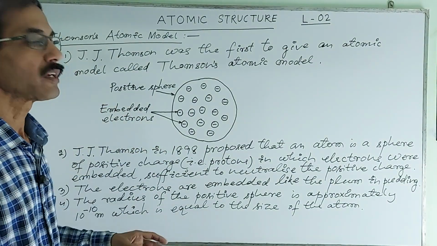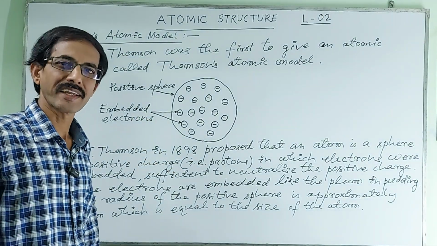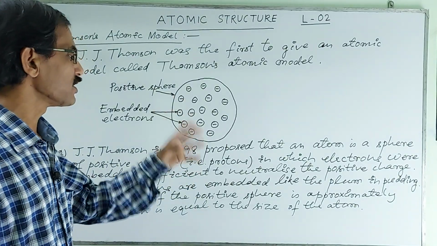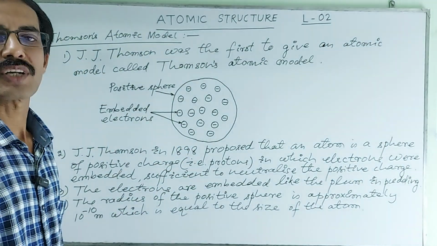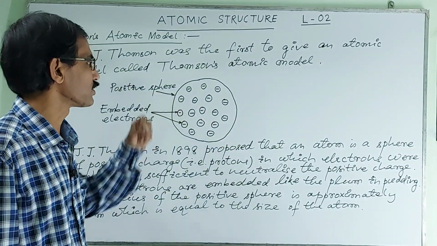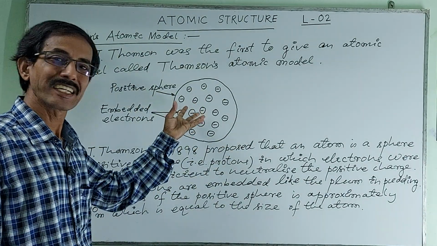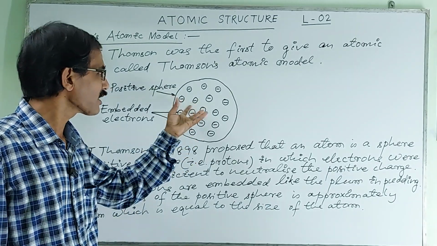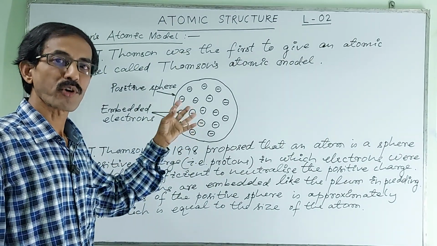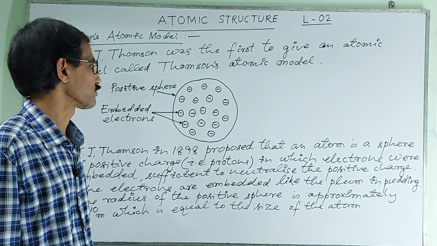J.J. Thomson in 1898 proposed that an atom is a sphere of positive charge, that is a sphere of protons, in which electrons, the negatively charged particles, are embedded, sufficient to neutralize the positive charge.